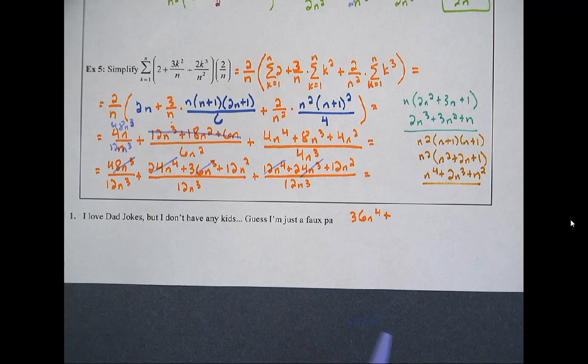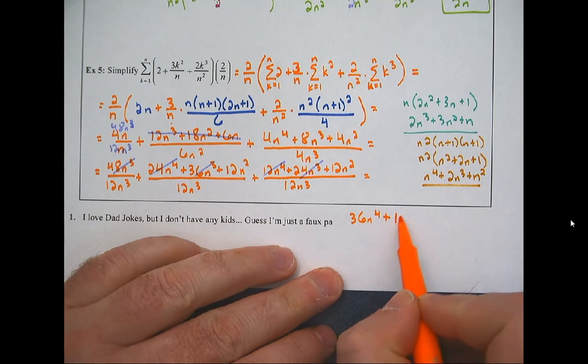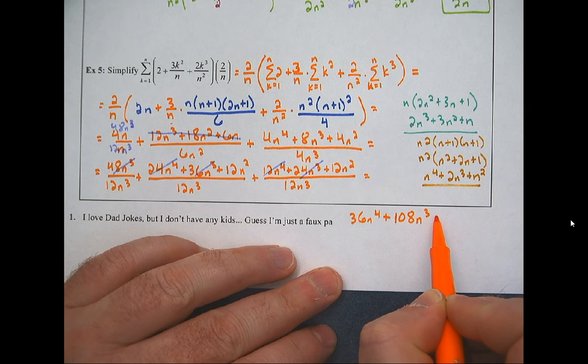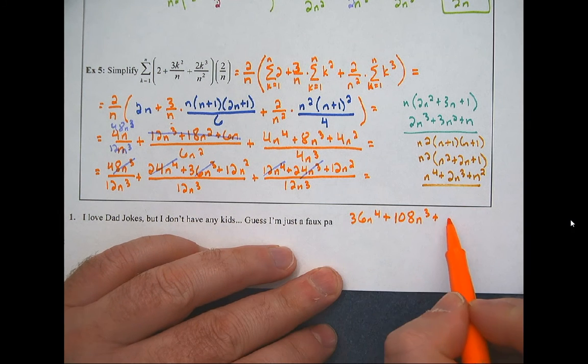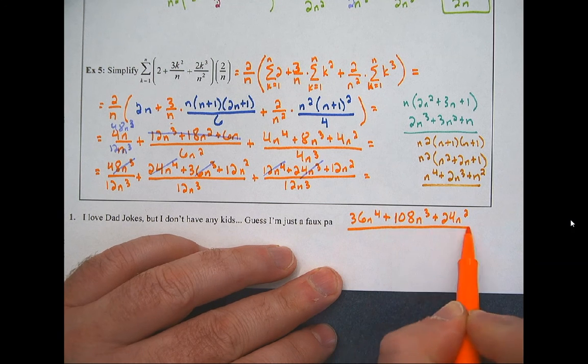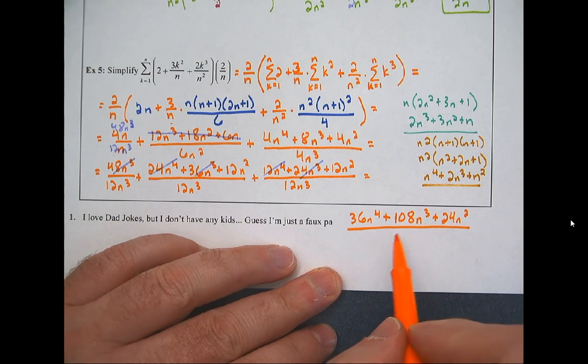I need my calc for that one. 48 plus 36 plus 24 is 108 n cubes plus 12 and 12 is 24 n squareds over our common denominator of 12n cubed.